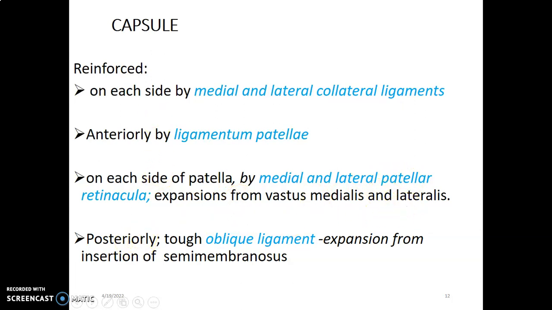And then posteriorly, the capsule of the knee is reinforced by the tough oblique ligament, which is an expansion from the semimembranosus. All these reinforcements together with the capsule are the stability factors of the knee joint.